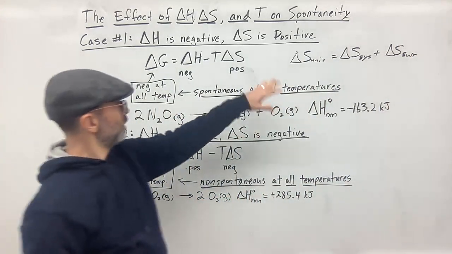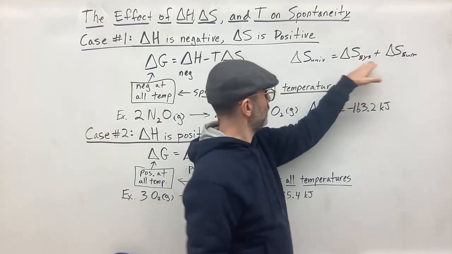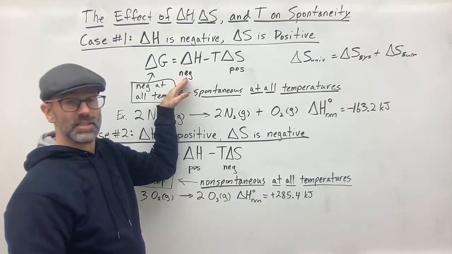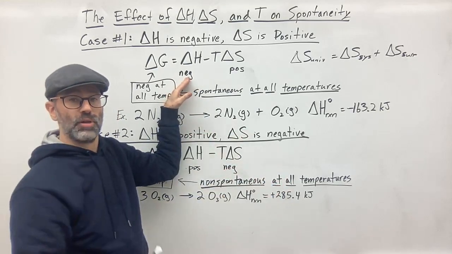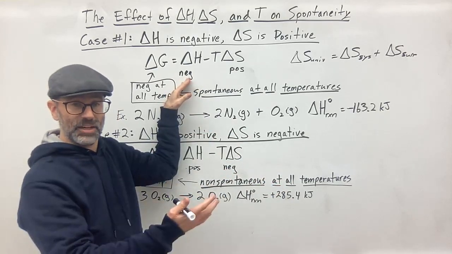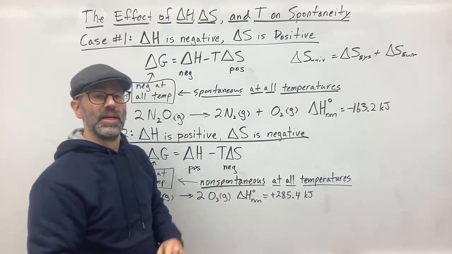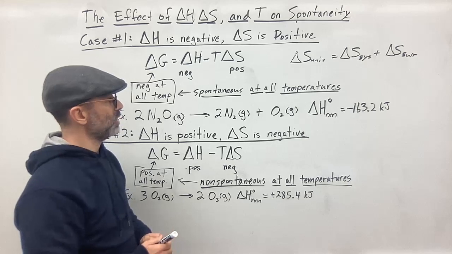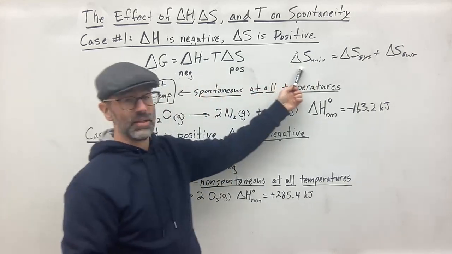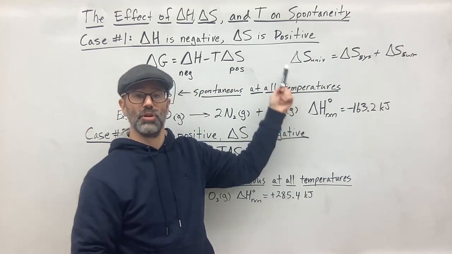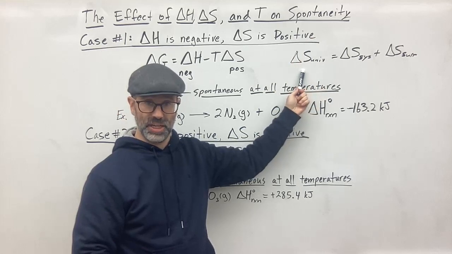So, since in this case, the entropy of the system is increasing, and because the system is losing energy, that energy is going into the surroundings, and therefore the surroundings is going to be gaining that energy, and therefore that energy is dissipating into the surroundings. And so that's an increase in entropy. So that means that if this is the case, then the entropy of the universe is going to increase.